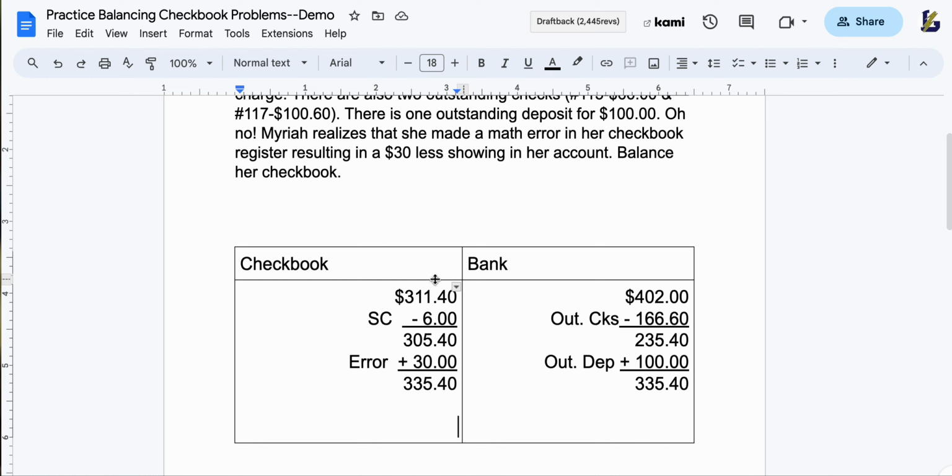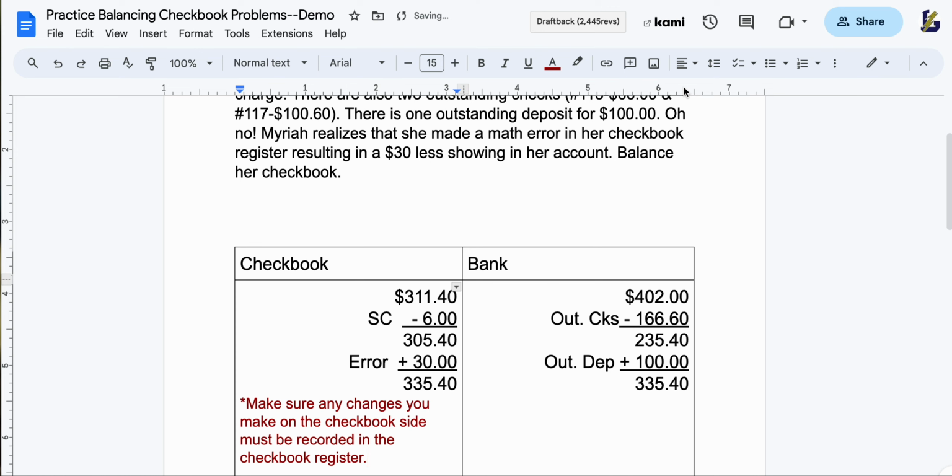It turns out that both were wrong. The checkbook wasn't right, and the bank statement wasn't right. Now we're balanced. The final thing to keep in mind is that after you balance the checkbook, anything that you did to the checkbook side needs to be entered into your checkbook register.